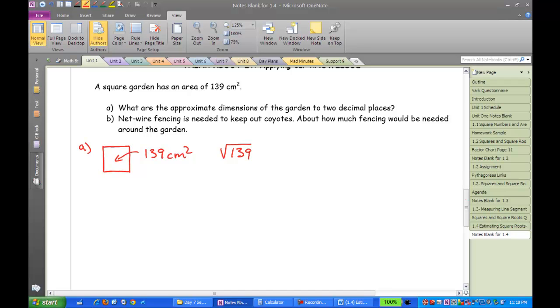Okay. Well, here's what I know. I'm not going to do the square root of 120. One way I'm going to do this is use a calculator to figure out the square root.